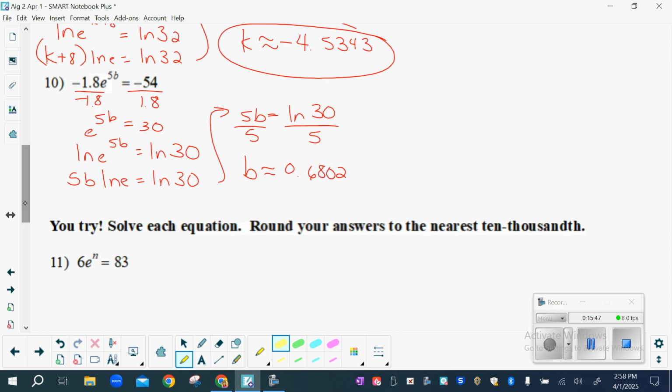Oh, I understand. Ln of 2.6. And then I think I have an answer. Can you check this one? You just divide by 6 and you log.